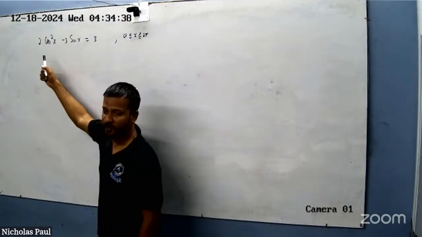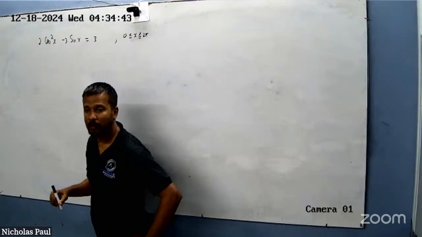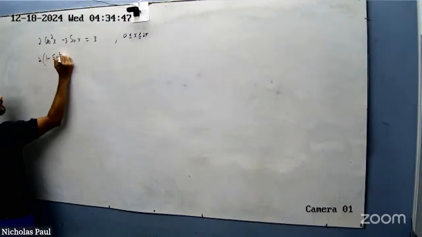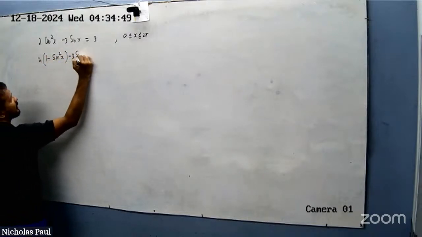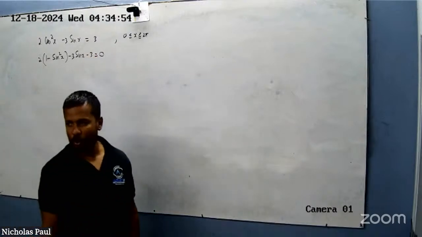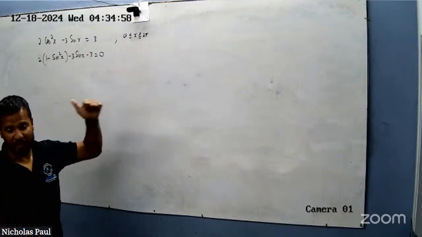What's the first thing to do? Get rid of cos squared, right? So that's 1 minus sin squared x. Make it equal to 0, solve the quadratic, but they want all the answers. Okay? And you have a quadratic.